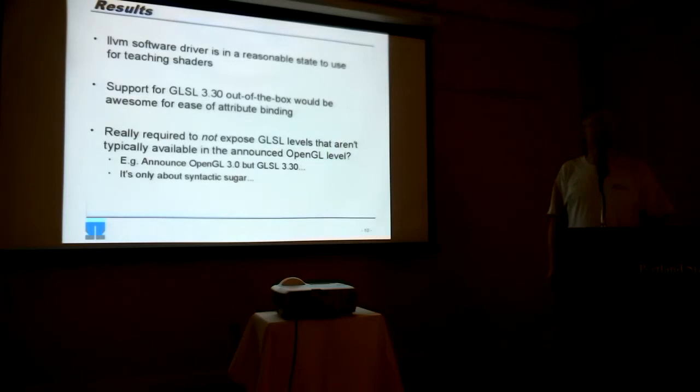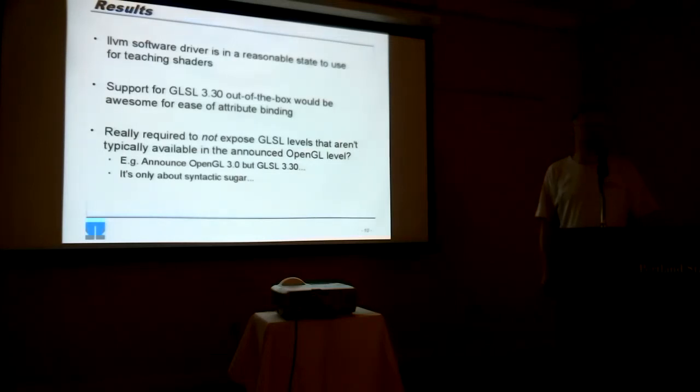So we ended up not making 1.40 available because it included some features that we didn't want to do compatibility interactions with. And Paul and I had a long conversation and a lot of head scratching about 1.50, and 3.30 is just syntactic sugar on top of 1.50, about whether or not it was valid to advertise that on, say, a 3.1 context.